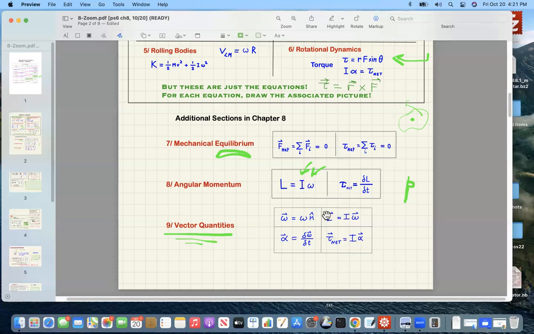And similarly, momentum is mass times velocity. In the case of linear motion, mass is just the mass, a scalar. Momentum and velocity are vectors. Well, same is true for rotational motion. The angular momentum is the moment of inertia times the angular velocity.